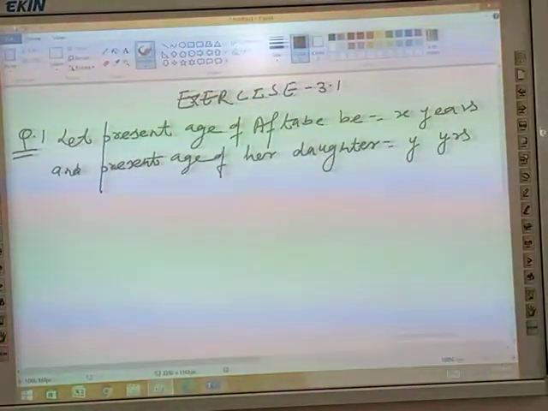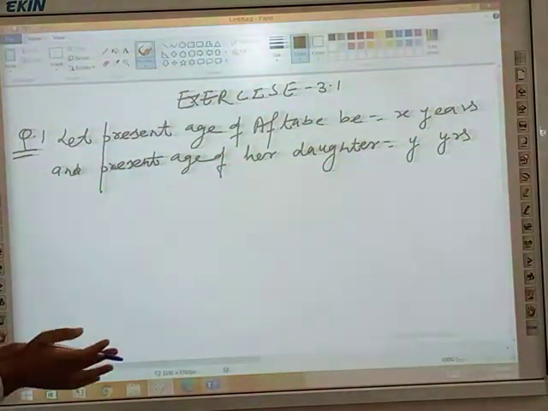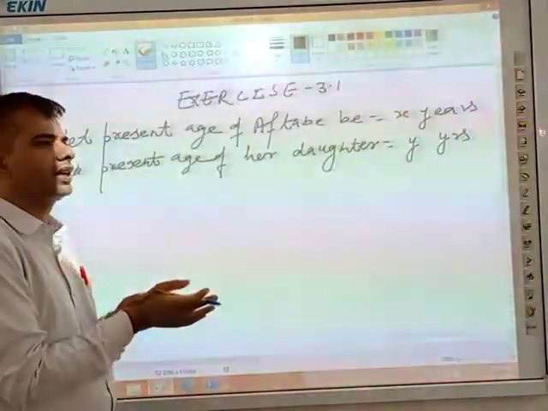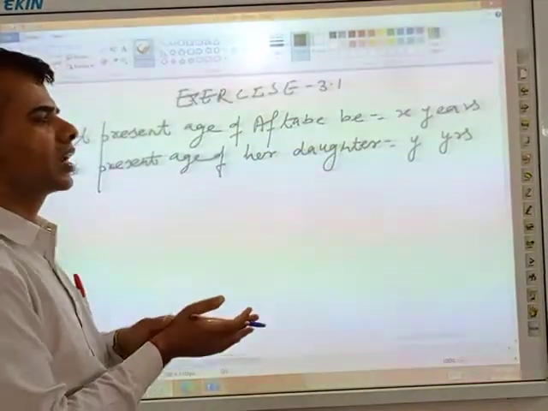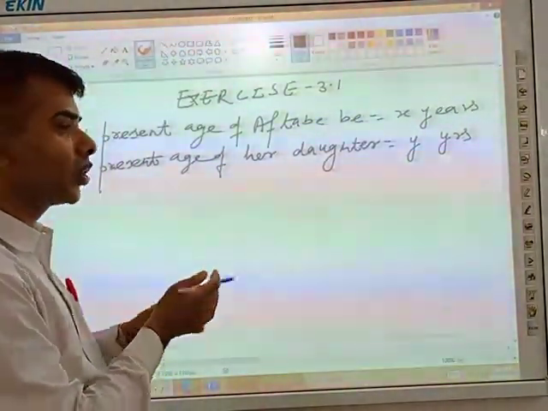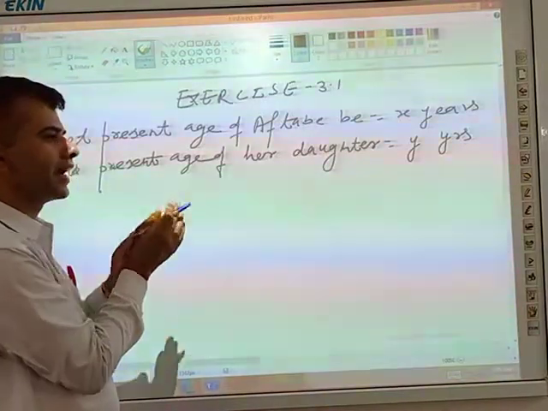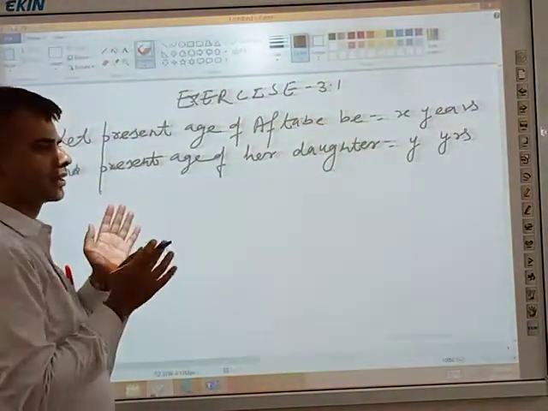Students, now 7 years ago, if your present age is 15 years, 7 years ago your age was 15 minus 7 is equal to 8 years.